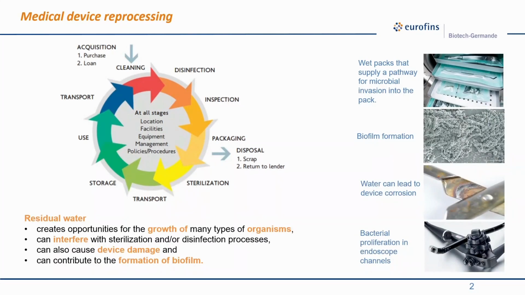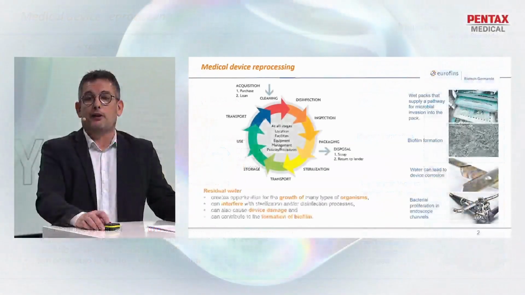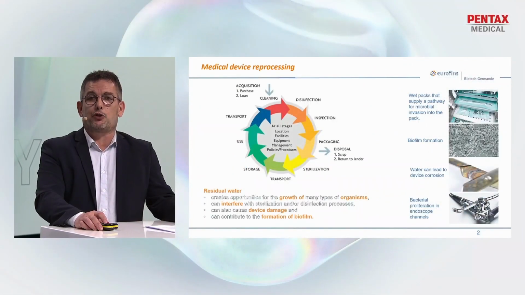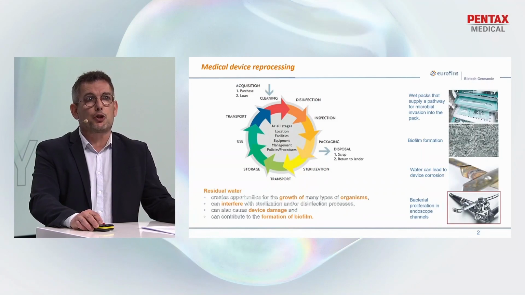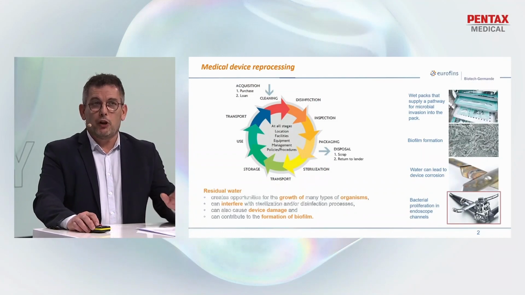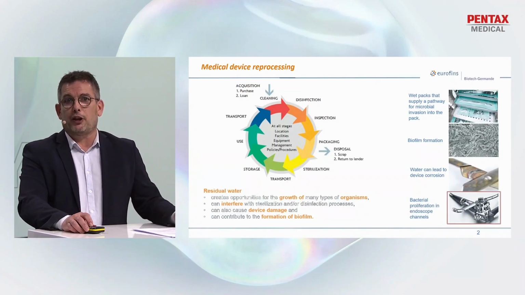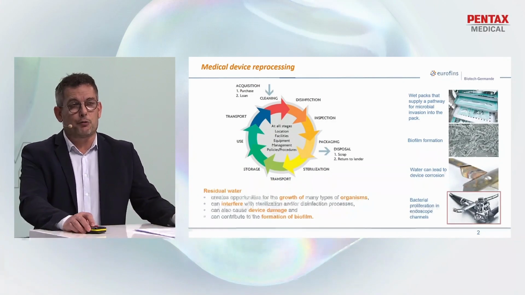But this water can also create damages on the device, for example, corrosion. And the most important, and this will be the main part of my discussion, is the bacterial proliferation inside endoscope channel during this storage time. So I will focus now on endoscope reprocessing and the problem of water inside endoscope channel.